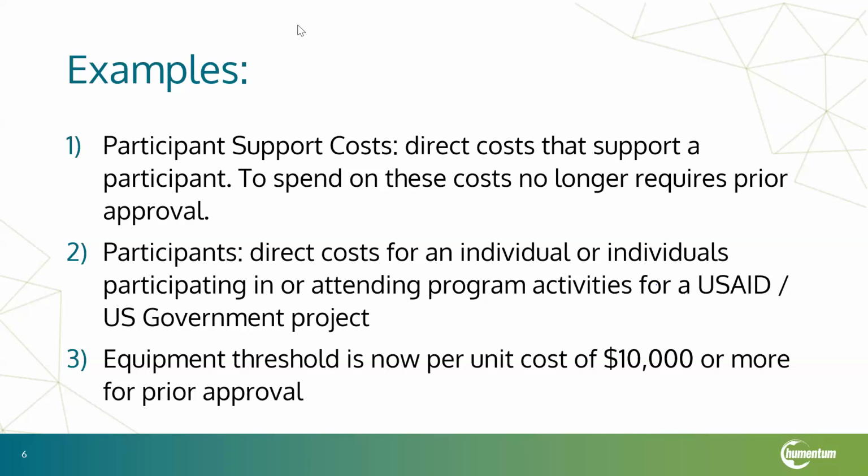And participant support costs do not require prior approval. That's a happy moment. And now they give more context to who is a participant. The other happy moment is the equipment threshold has moved from $5,000 up to $10,000 per unit cost or more for prior approval. So the equipment threshold is now $10,000 or more for prior approval.